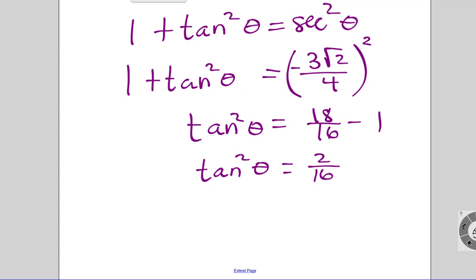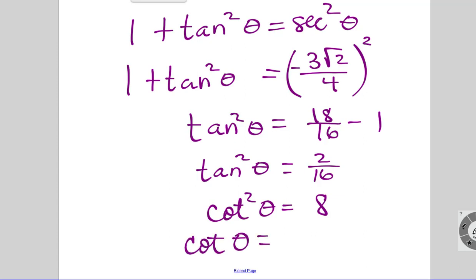Alright, and if we're thinking about cotangent, that's what we really want. I can say cotangent squared theta is equal to 16 over 2, or 8. Alright, we just flipped it. And I just want to know what cotangent is. Is it what?